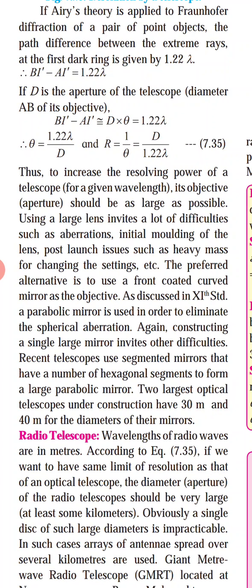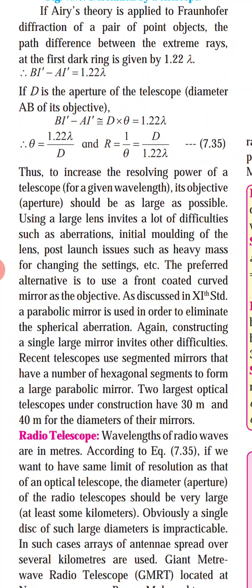Using a large lens invites a lot of difficulties such as aberrations, initial molding of the lens, and post-launch issues such as heavy mass for changing the settings, etc. The preferred alternative is to use front coated curved mirrors as the objective. As discussed in 11th standard, a parabolic mirror is used in order to eliminate spherical aberration.